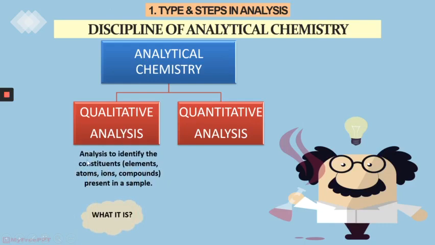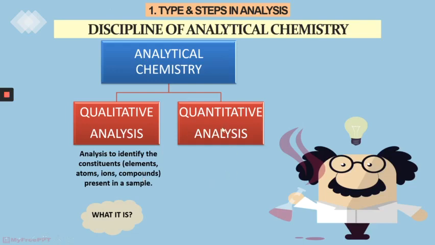Qualitative analysis is an analysis to identify the constituents present in a sample. What are the constituents? They can be elements, atoms, ions, and compounds. When you do qualitative analysis, actually you want to know what it is.